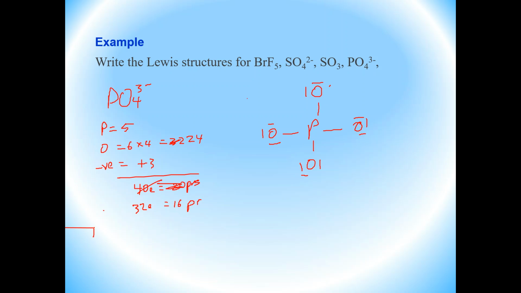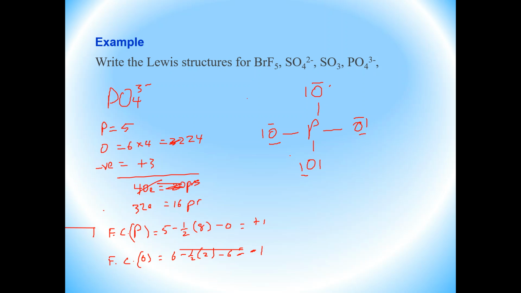So the formal charge, starting off with phosphorus, will be equal to the group number, which is 5, minus half of 8, minus 0. So that will give you +1. And the formal charge of oxygen is 6 minus half of 2 minus 6, equals -1.